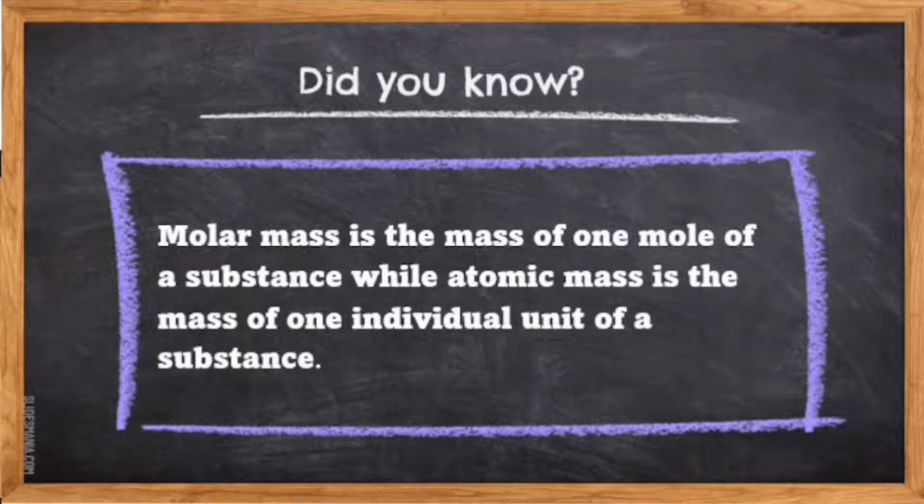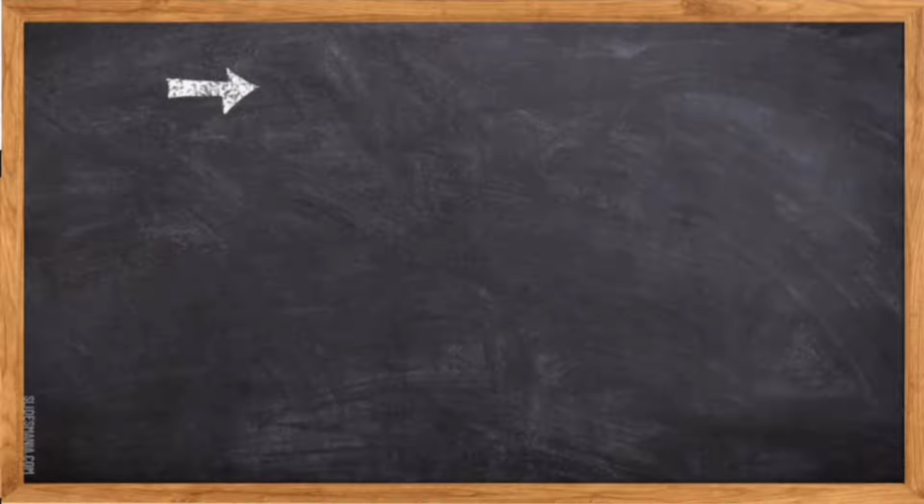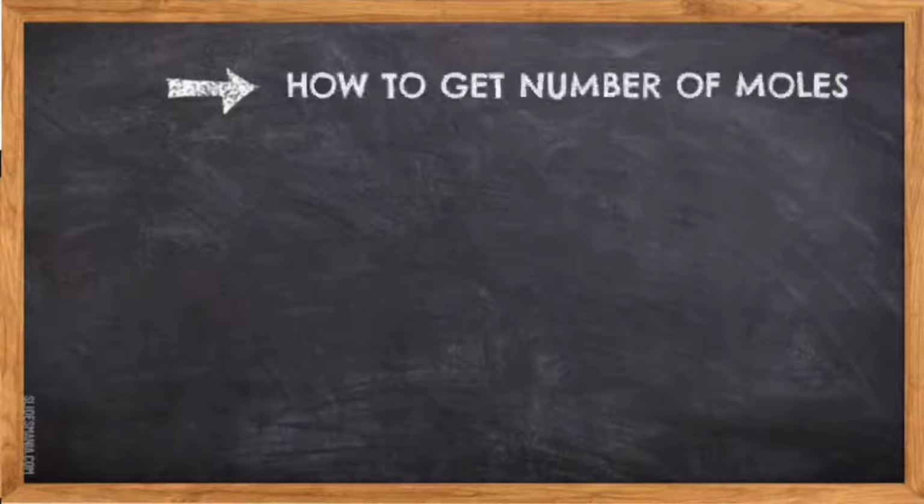So molar mass is the mass of 1 mole of a substance, while atomic mass is the mass of one individual unit of a substance. How to get the number of moles?